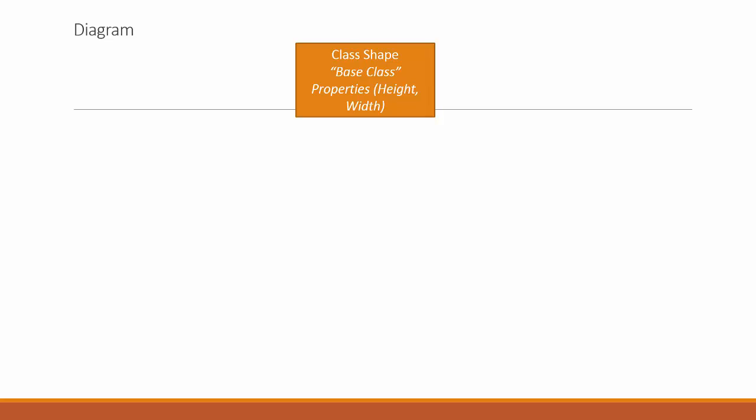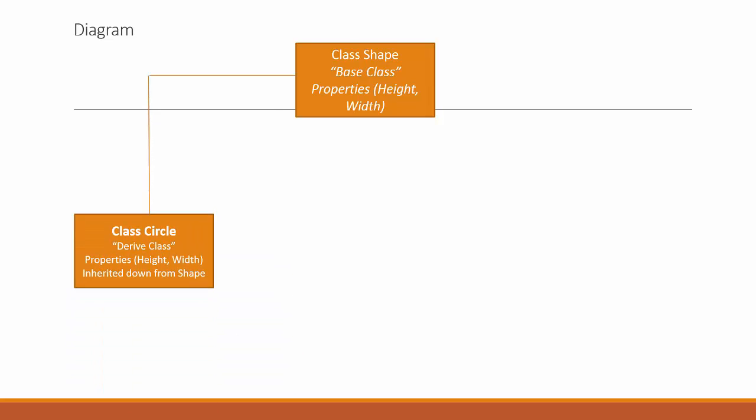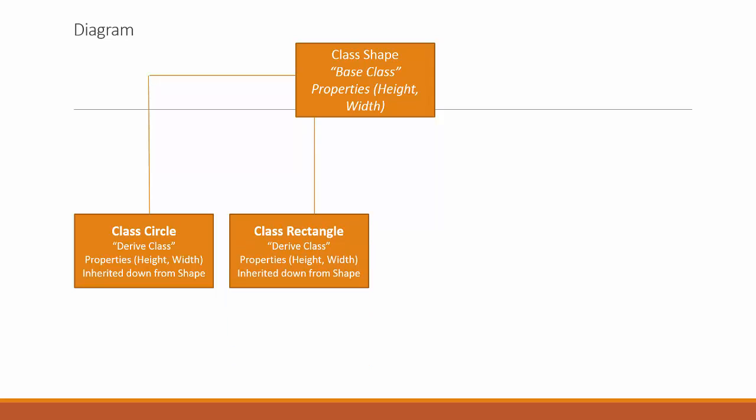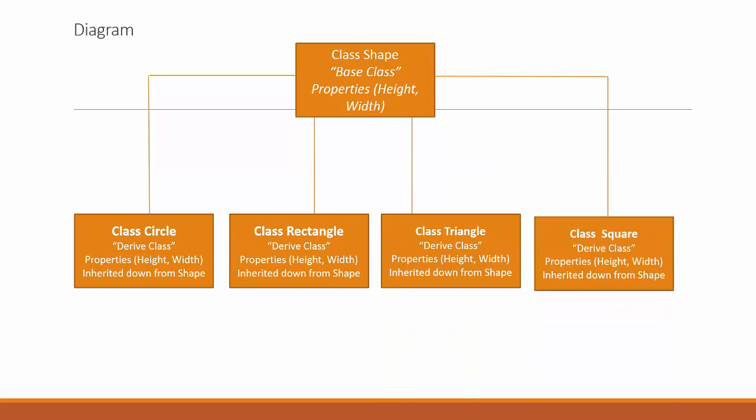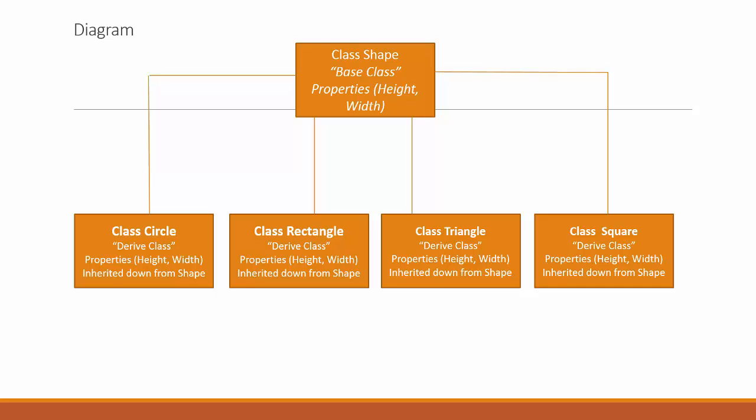Then all other shapes, just like circle, which we can represent as a derived class, automatically inherit these properties height and width from the base class. We can also present other classes as well, like rectangle, triangle, and square. All of these are child classes, and the parent class is the shape.